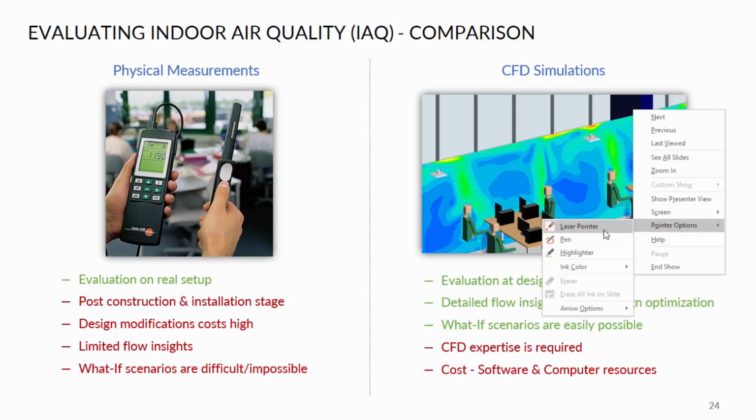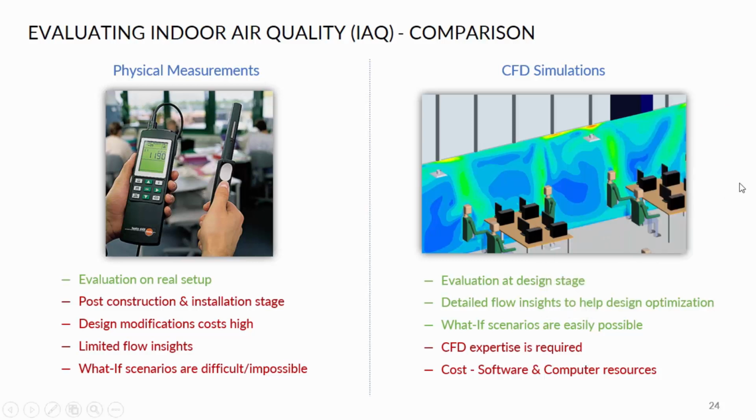Physical measurements are only possible at limited probe locations, whereas in CFD, the entire volume can be assessed with detailed flow insights. What-if scenarios are very hard and sometimes impossible to evaluate with physical techniques. Whereas in CFD, any design configuration can be simulated, and that helps in taking design decisions at a very early stage of the design cycle.